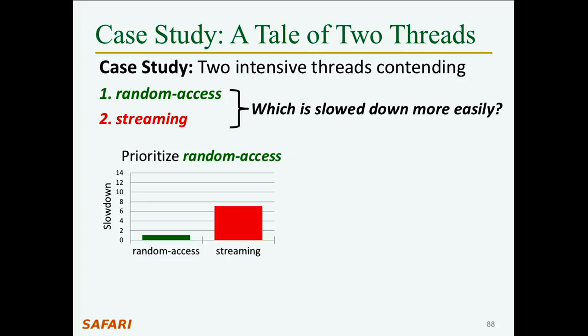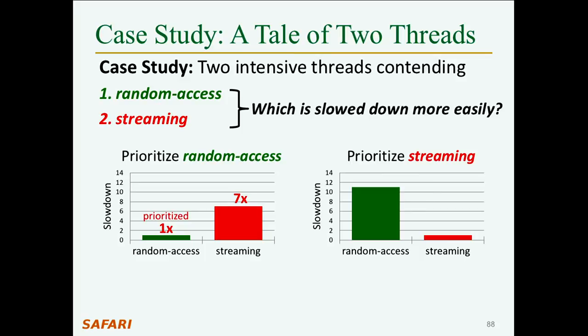This is actually from real system results, basically. This is a random access thread, and this is a streaming thread. If you prioritize the random access thread, this is what you get. Well, this is actually simulation, sorry. But basically, you get a 7x slowdown on the streaming thread. If you prioritize the streaming thread, it turns out you get a much higher slowdown on the random access thread. Why? I'll show you in an example.